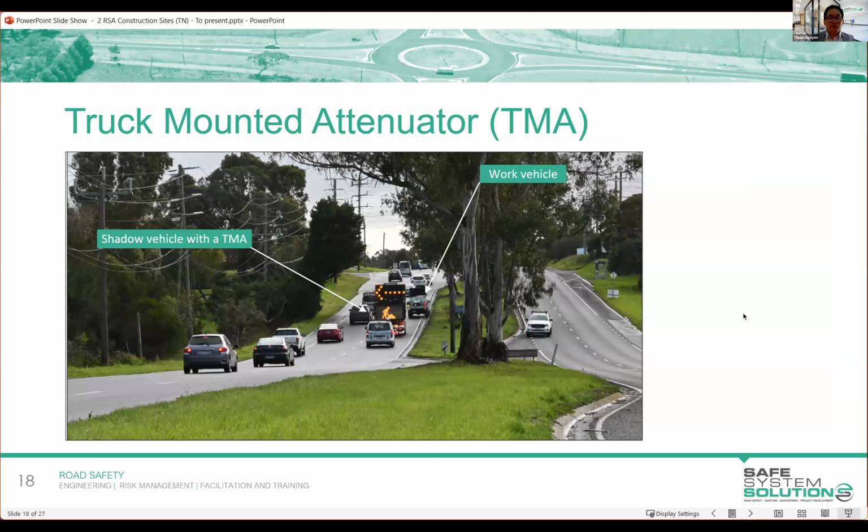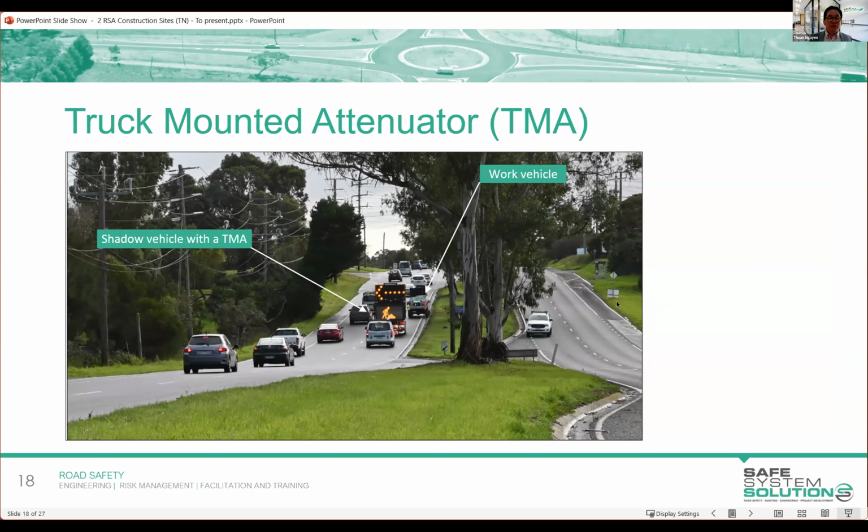Another device that, when you do an audit, you may want to discuss and highlight is the use of truck mount attenuators. In recent years, we certainly have used a lot of them at road work sites. Great tools to protect the workers. It is more or less a mandatory requirement on high-speed roads, I think, so anything above an 80k speed limit.